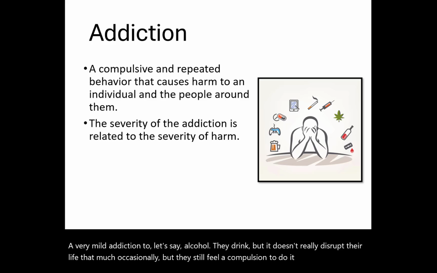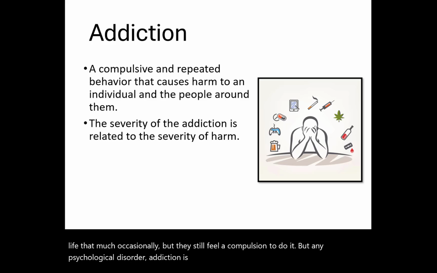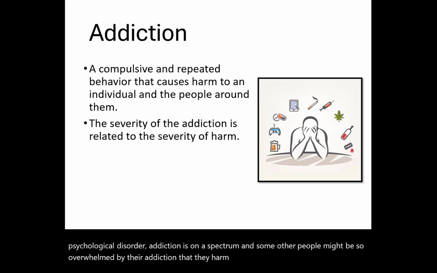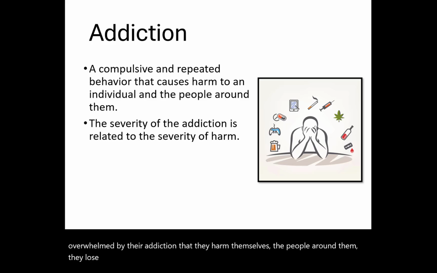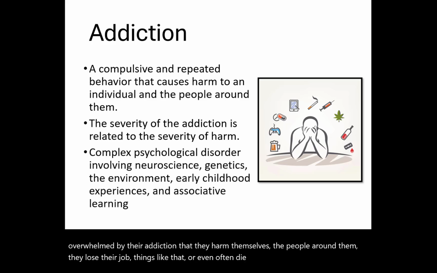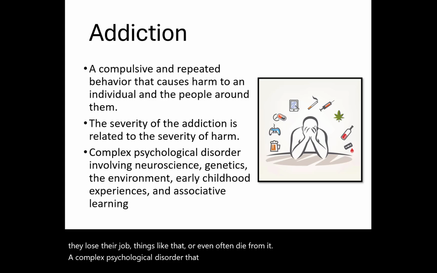But like any psychological disorder, addiction is on a spectrum, and some other people might be so overwhelmed by their addiction that they harm themselves and the people around them, they lose their job, things like that, or even often die from it. A complex psychological disorder that involves many, many things, and it's one of the reasons I talk about it in my classes.